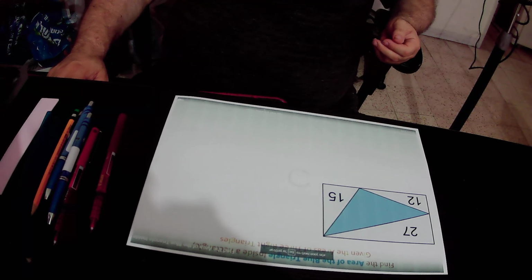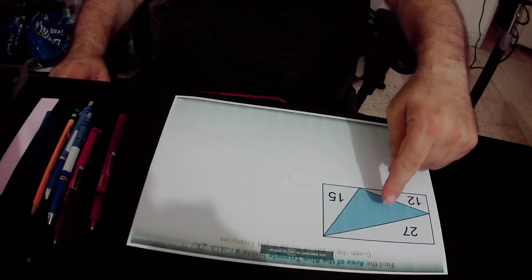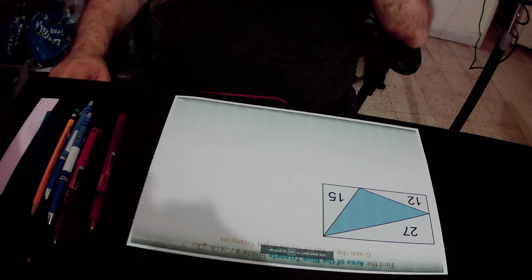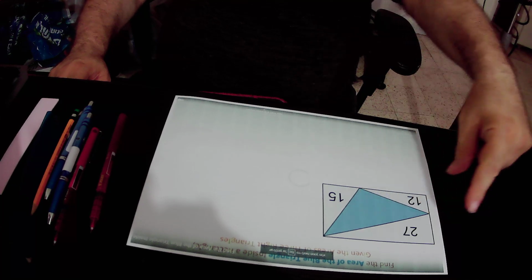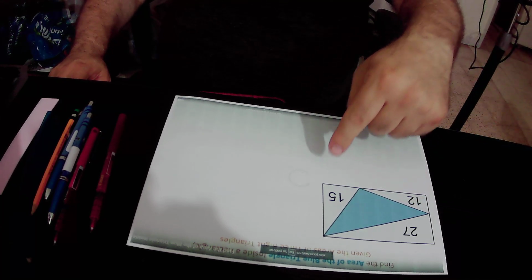And actually the area that we are looking for, the area of the blue triangle, equals the area of the rectangle minus the sum of the areas of the three right triangles.